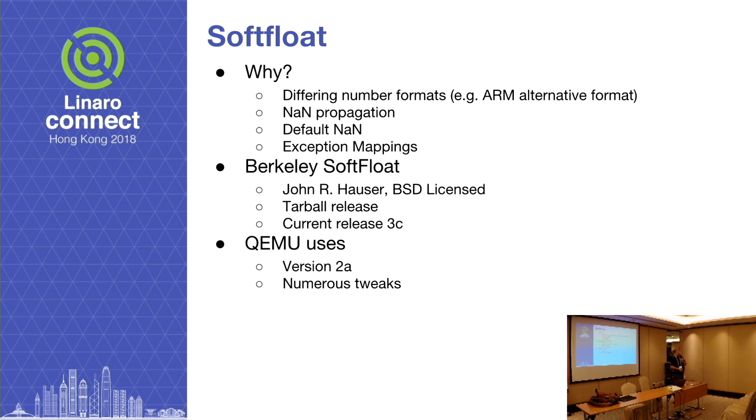So although most ISAs these days are IEEE 754 compliant, there's enough wiggle room in the spec that you get things like different behavior for NaN propagation, different default NaNs, and some architectures implement different exceptions.